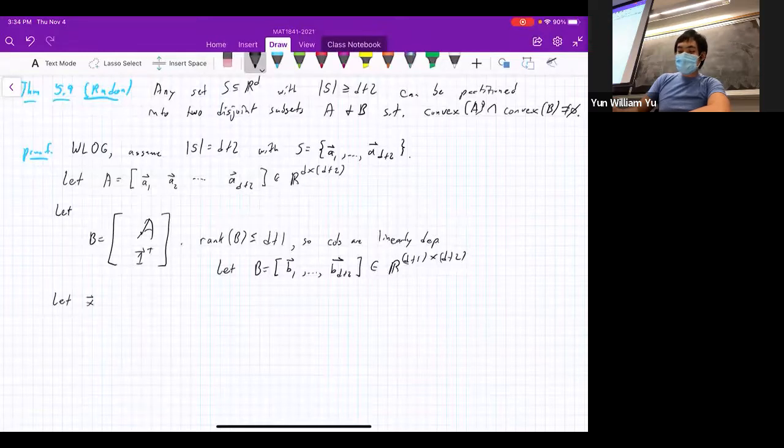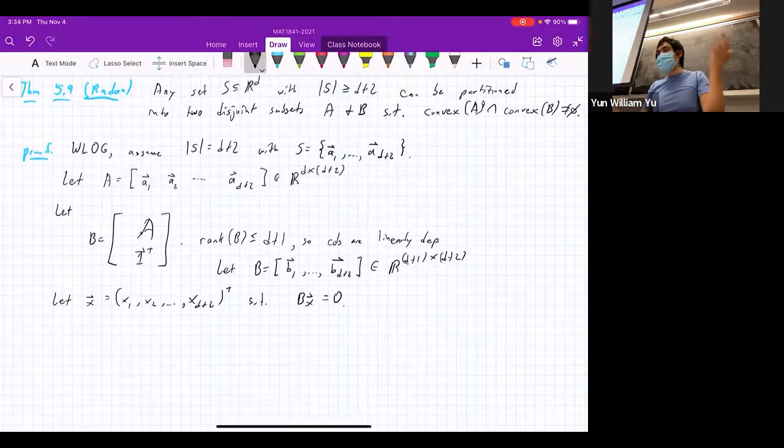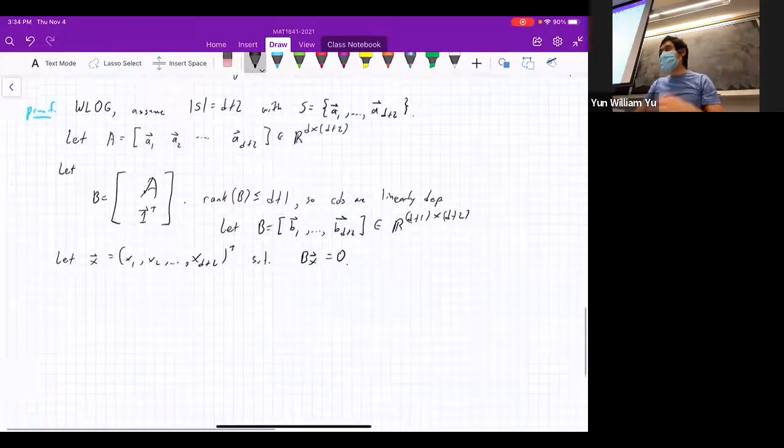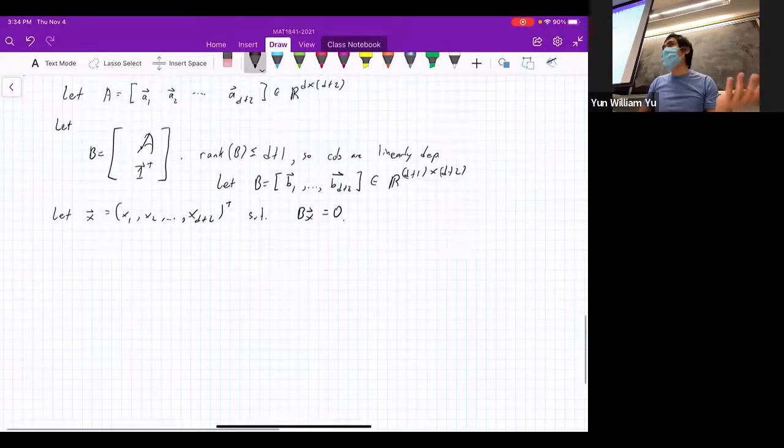Okay, let's define a new vector, X, which is X1, X2 through X D+2 transpose, such that Bx is equal to 0. We know this because we have this linear dependency, and because B is a D+1 by D+2 matrix, so clearly there is some vector for which this is true.